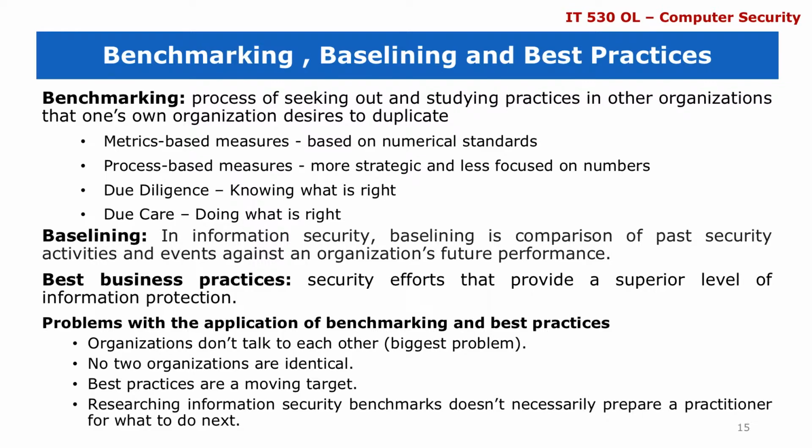So this kind of means, okay, if organization A is copying certain best practices from organization B, then organization A must make sure that it identifies the same type of targets as well as the same type of threats as organization B. Also, organization A should ensure that their resources are similar to organization B for the best practices to be aligned.